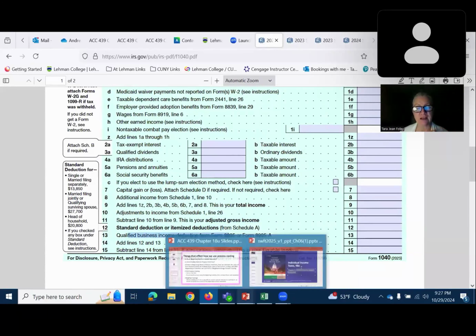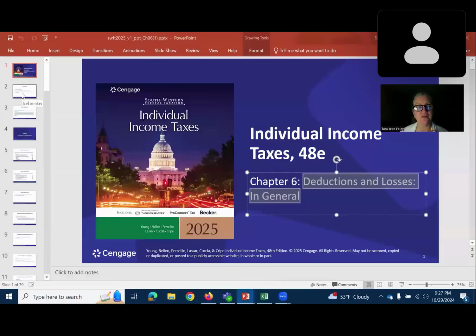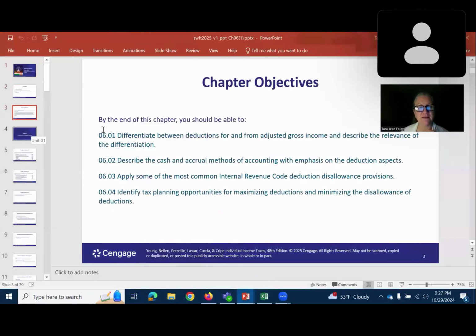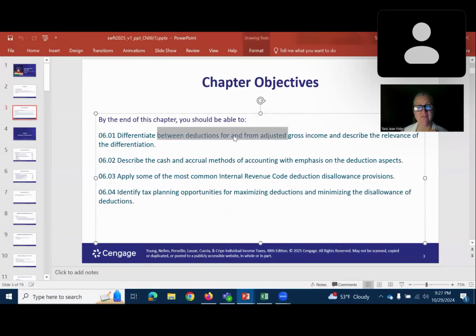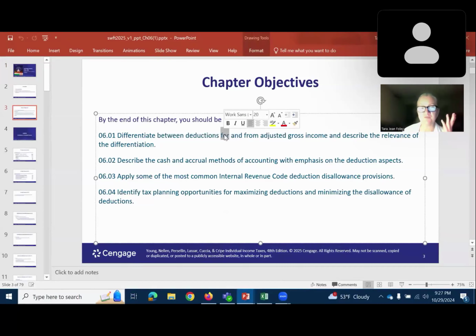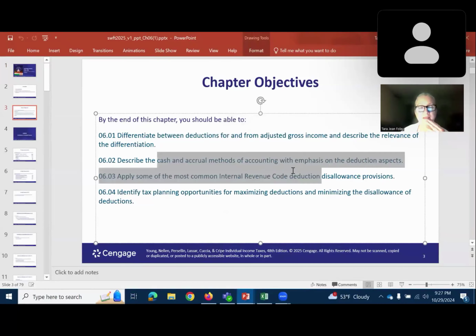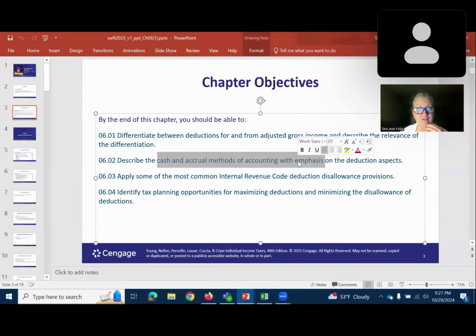So the first part of this chapter is we're going to go through the ideas of what deductions from AGI and for AGI are, which I just described. And we've gone through this before, right? The cash and accrual method, we've done this before. We've gone through the cash method when you have a sale and you haven't collected the money.